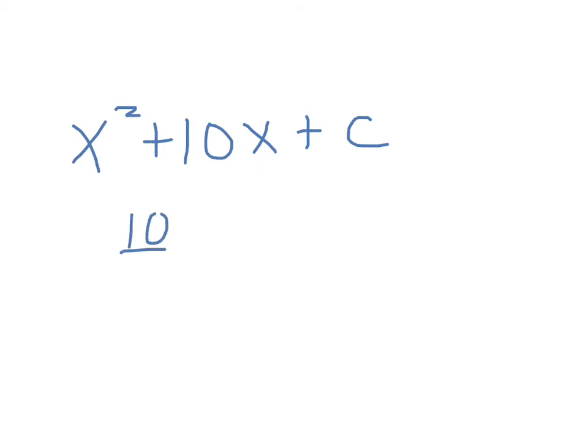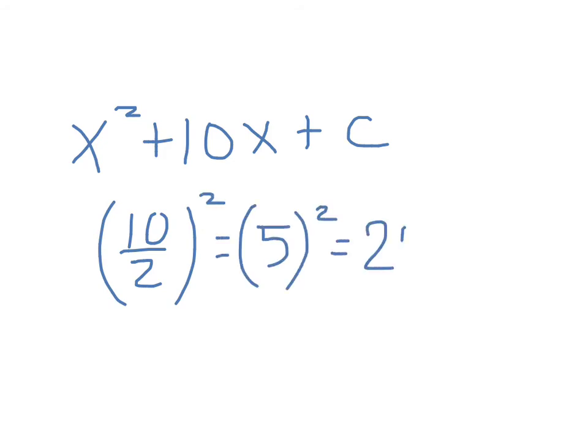What's 10 divided by 2? 5. What's 5 squared? 25. So what number should be in the c position? 25. Then it goes on to say, then write the expression as a square of a binomial, which is big fancy words for factor it.